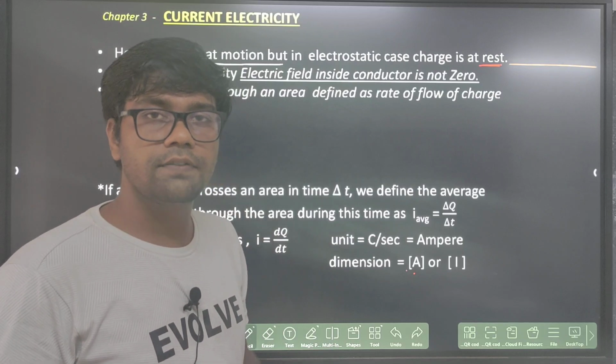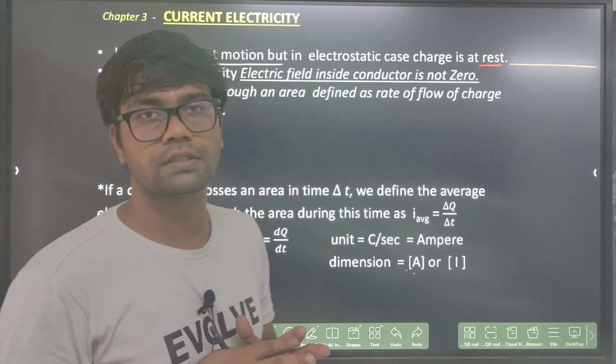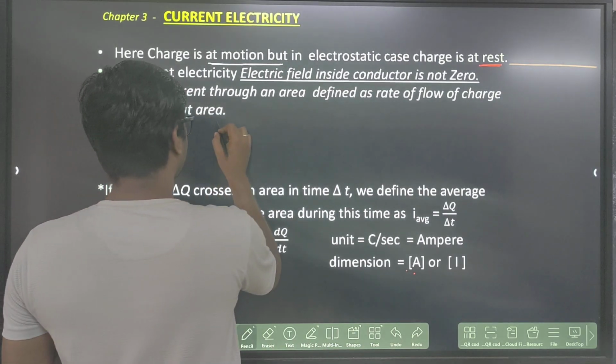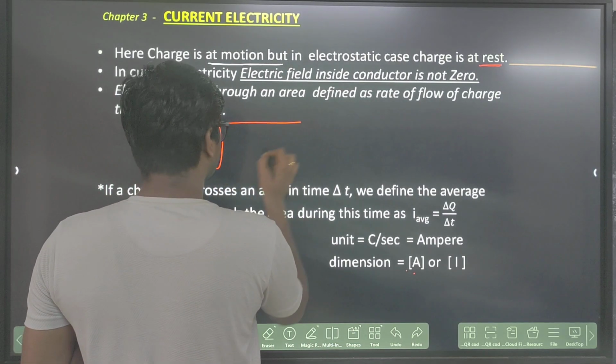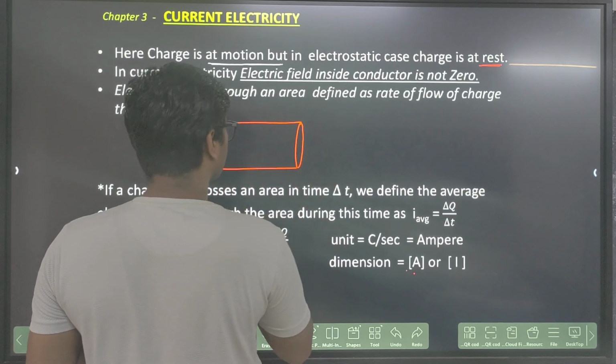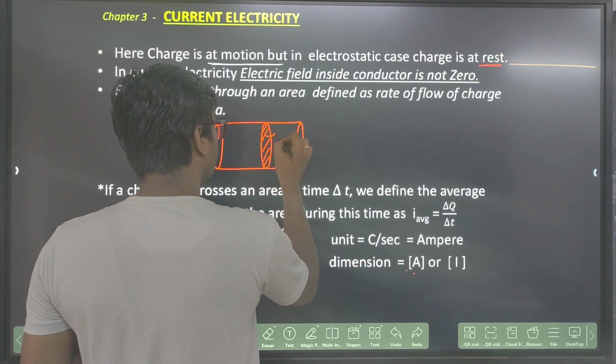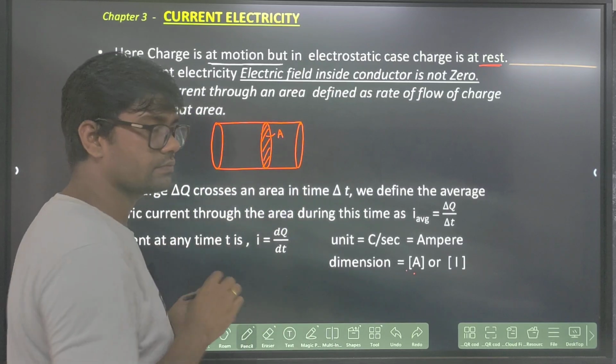Now we are going to see how you define a current. Current is basically defined as the rate of flow of charge, right? So let's take this is a conductor and choose a cross-sectional area here, and that area is A, let's say.